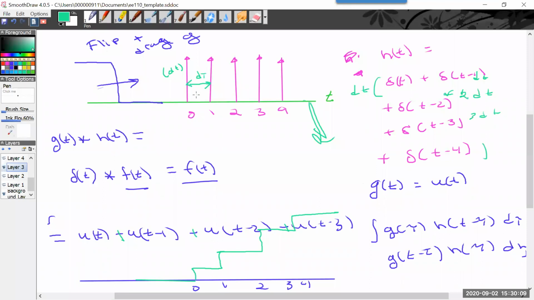Well, this gets closer and closer, but you step up just a little bit less, and as dt goes to 0, rather than these boxes, you get a ramp.